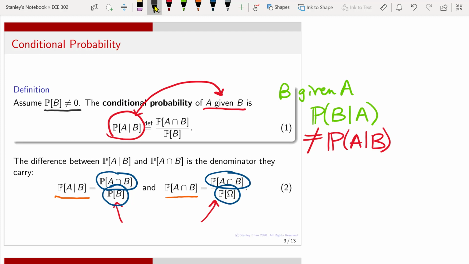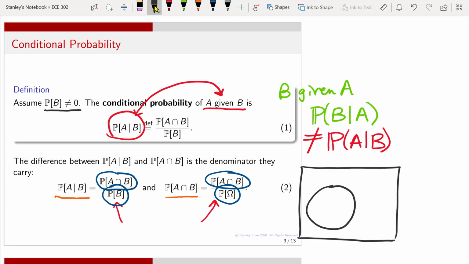So if you want to draw a diagram, the intersection between A and B is very straightforward. You look at two sets, A and B. The intersection is the part in the middle. And then you take this area and divide by the area of the entire sample space, which is 1. That will give you the intersection.